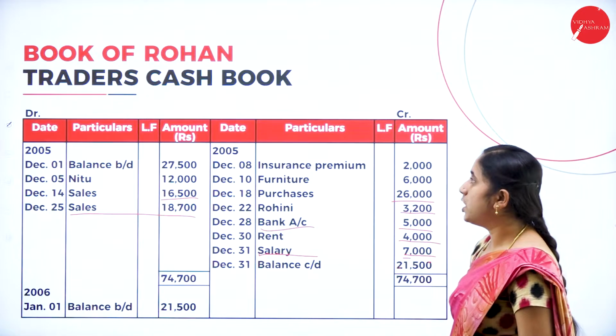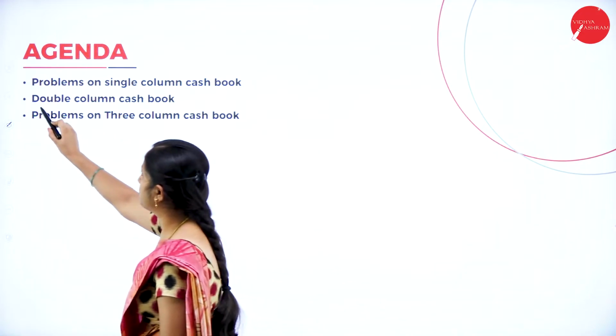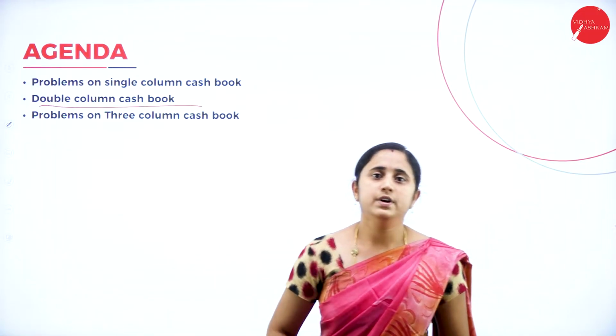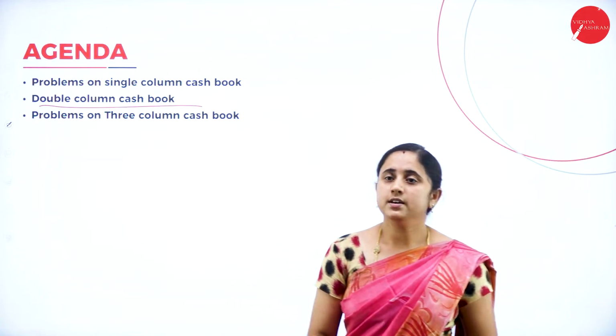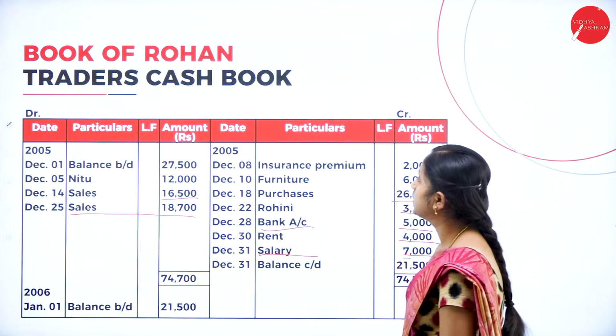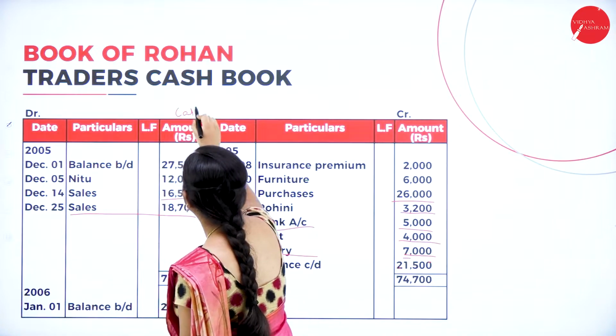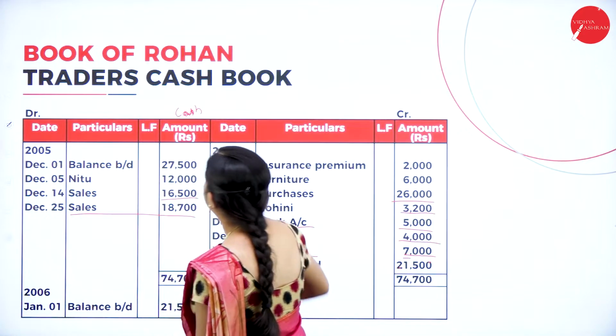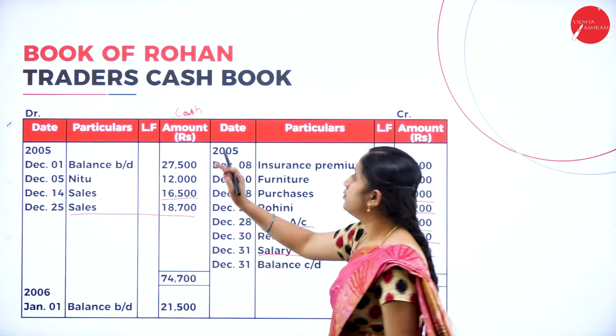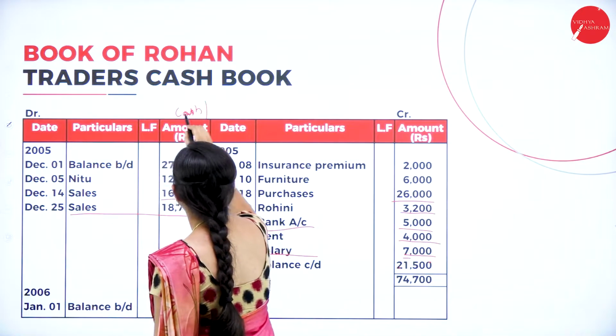Next, the double column cash book. Double column cash book works in the same way as the single column cash book. In single column cash book, you have only one column for the amount, that is cash. In double column cash book, there is one more column called discount.